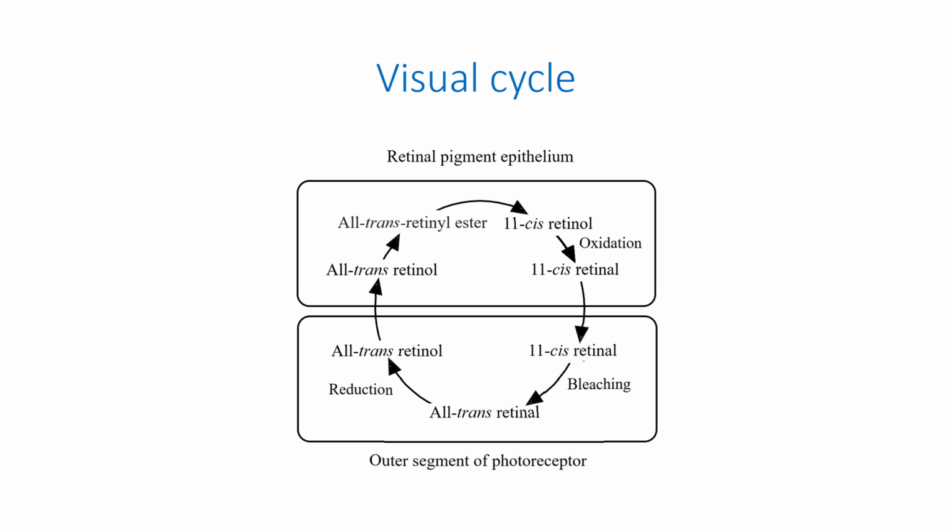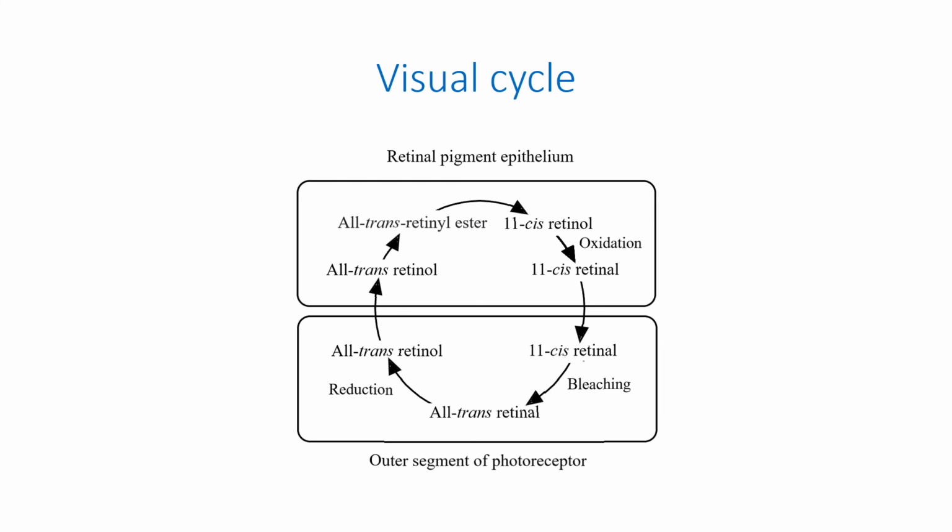This process is called the visual cycle, allowing the regeneration of rhodopsin. It takes place in darkness and is central to dark adaptation, when rhodopsin levels depleted from bleaching in a bright environment increase, enabling rod cells to become sensitive to dim light again.